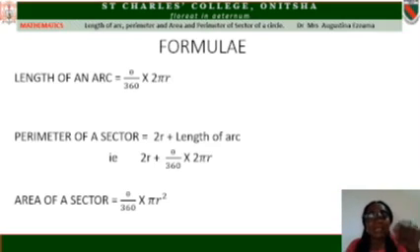That theta over 360, instead of multiplying with 2 pi r like that of length of an arc, you go to pi r square because you are talking about area. So the area of a sector is equal to theta over 360 times pi r square.